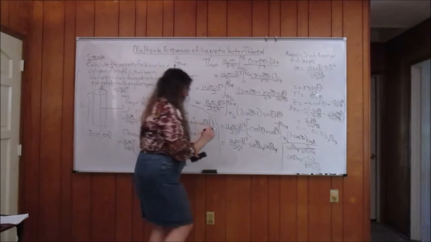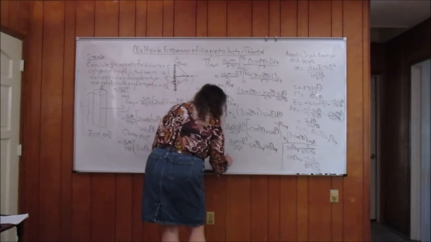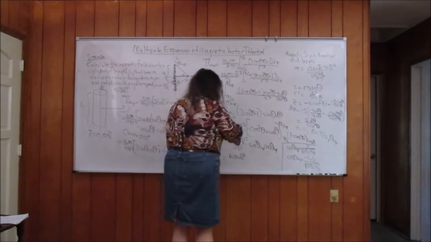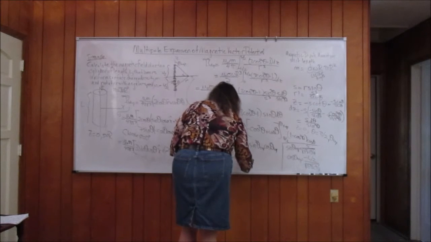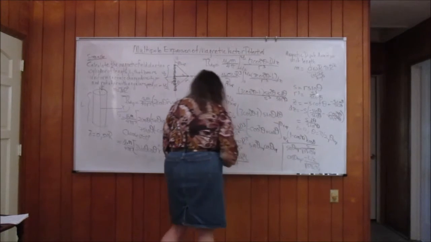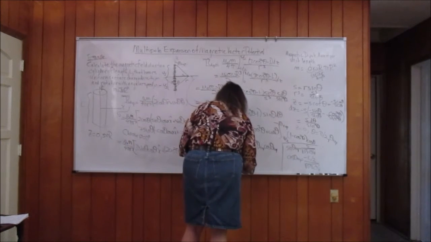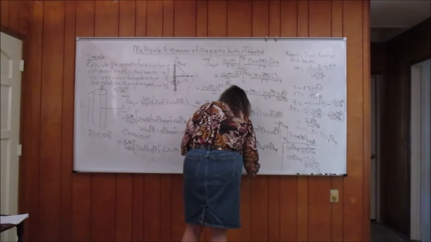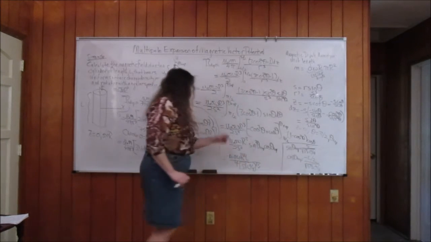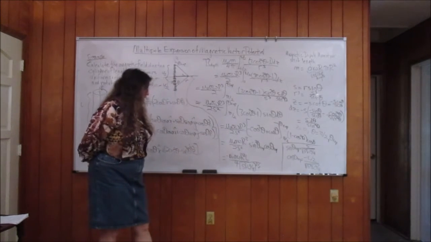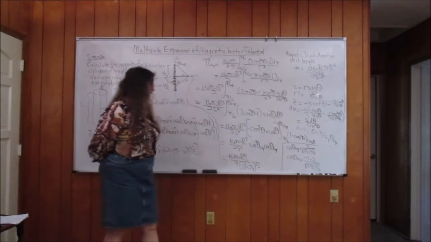So plugging everything in, the final result is minus mu naught sigma omega r cubed L all over 4 times s squared plus L squared over 4 to the 3/2 power.